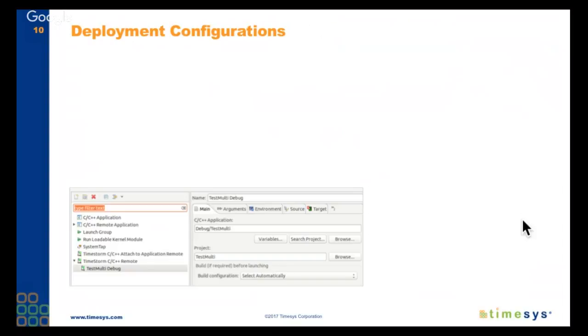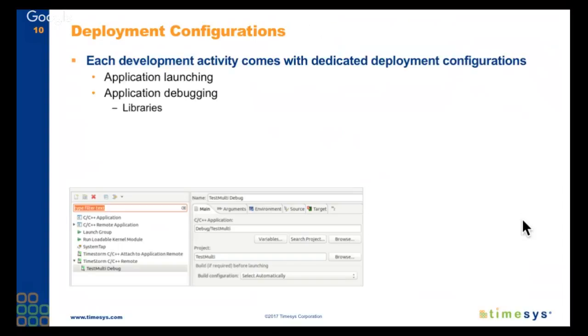Deployment configuration. Another assist with getting the software that we've developed to the target is to define a configuration for deployment. And TimeStorm offers dedicated deployment configurations for applications, for libraries, for kernel, for many different types of projects.